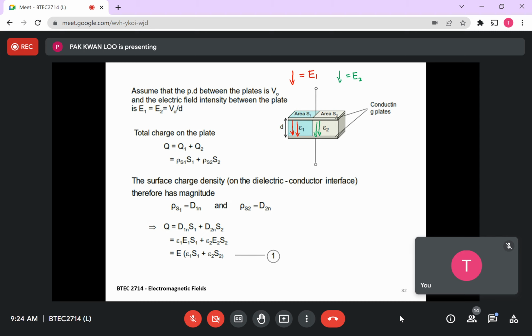So here we see that the surface charge density on the plate that occupies area S1, multiplied by area S1, represents the charge on area S1, Q1. Q2 represents the charge distributed over the area S2. So the total charge is Q1 plus Q2.